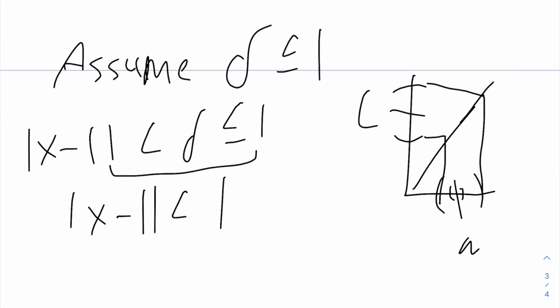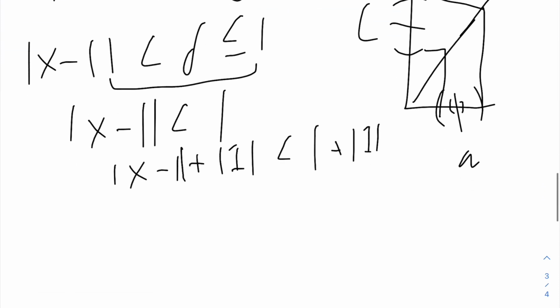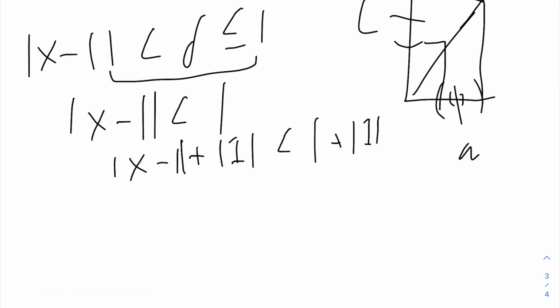And then we can say that x minus 1 plus absolute value 1 is less than 1 plus absolute value 1. We're just adding absolute value 1 on both sides of the inequality. Obviously the absolute value of 1 is just equal to 1.